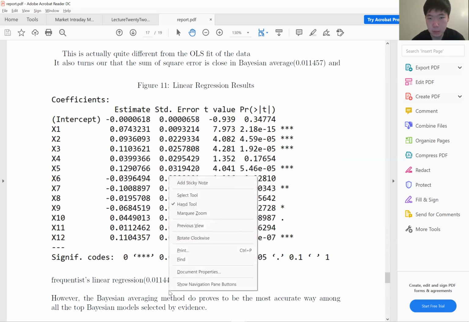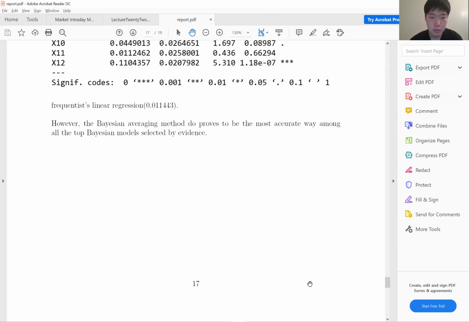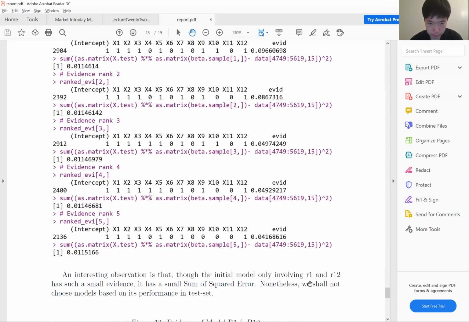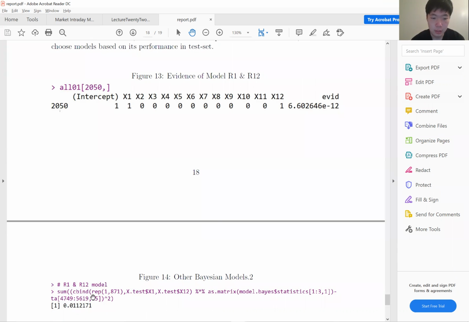So the Bayesian average model actually performs a bit worse than the frequentist model in the test set. And also, it turns out that this model suffers some overfitting problem, which means that our initial model of only using x1, x12 has a smaller sum of square error than the Bayesian average model, even though it has such a small evidence.